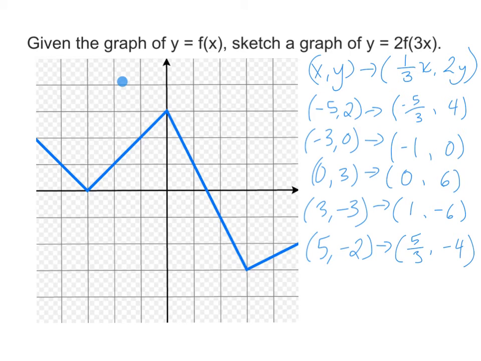Negative 1 and 0. 0 and 6. Uh-oh, that's up there. Start joining those together. And then 1 and -6, way down there. That's going to be difficult for me to draw.